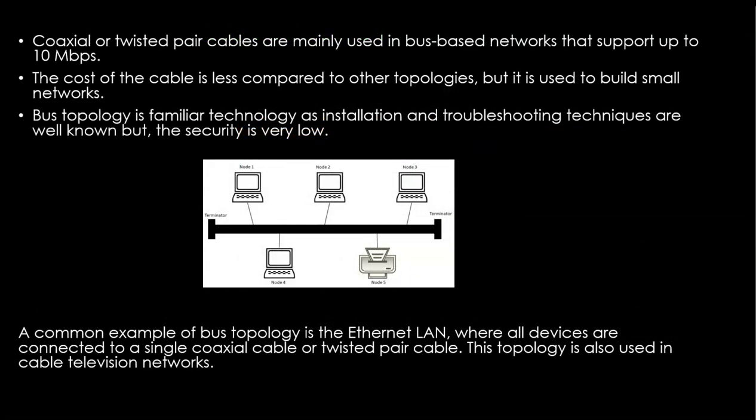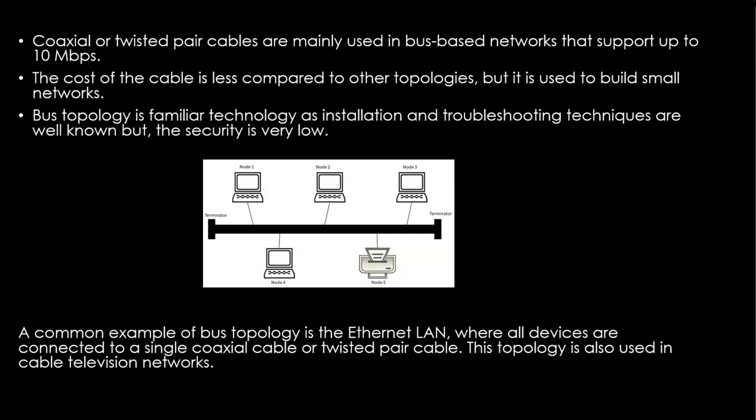Coaxial or twisted pair cables are mainly used in bus-based networks that support up to 10 megabits per second. The cost of the cable is less compared to the other topologies, but it is used to build small networks.